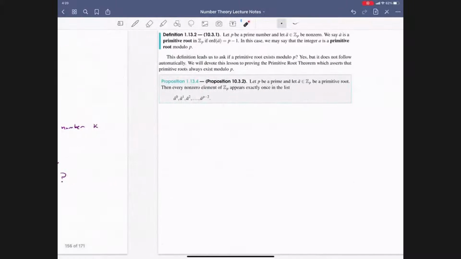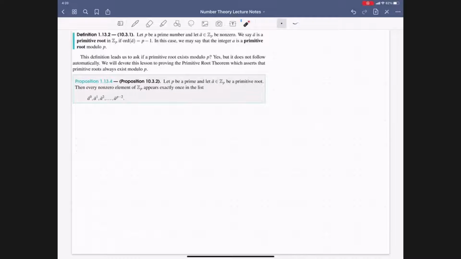Our first proof towards this direction is the following statement, which says that if we assume that we have a primitive root, so right now we're assuming the existence of such a primitive root, then every non-zero element of the integers modulo p appears once in the following list: a bar to the 1, a bar to the 2, all the way to a bar to the p minus 1.